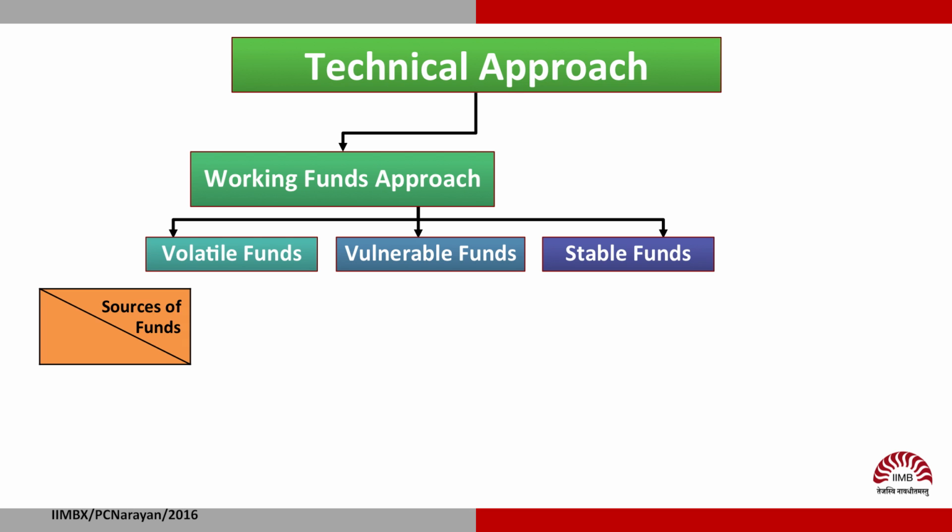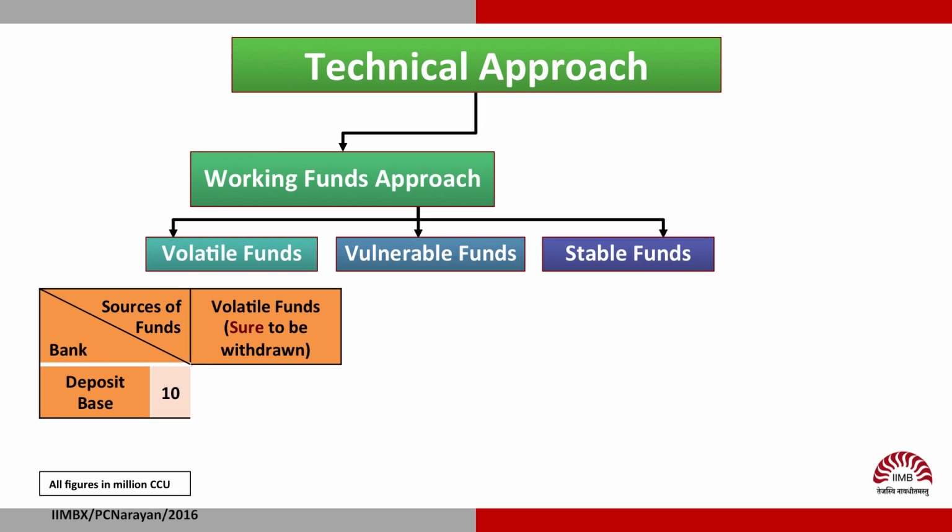Volatile funds include funds that are sure to be withdrawn when they come up for maturity. For example, based on past data, the bank has determined that out of a deposit base of 10 million currency units, 3 million currency units of certificates of deposit and fixed deposits will be withdrawn when they mature.